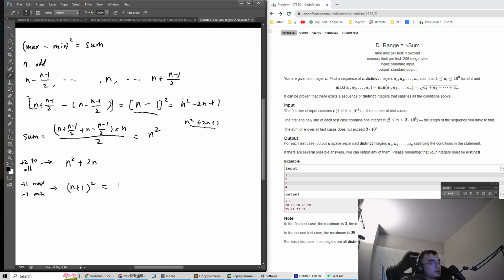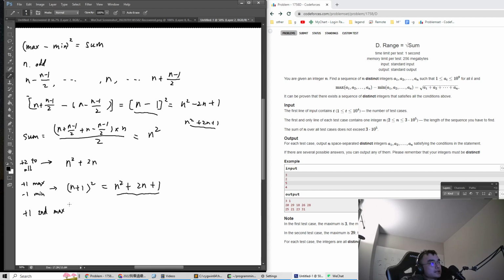And equals squared plus, the left side will become this guy. So the right side is still 1 short of equaling the left side. So we can just simply add 1 to the second biggest number.